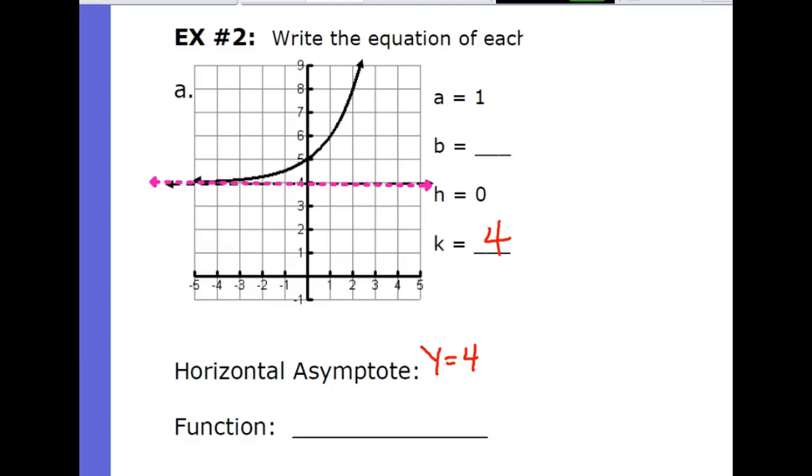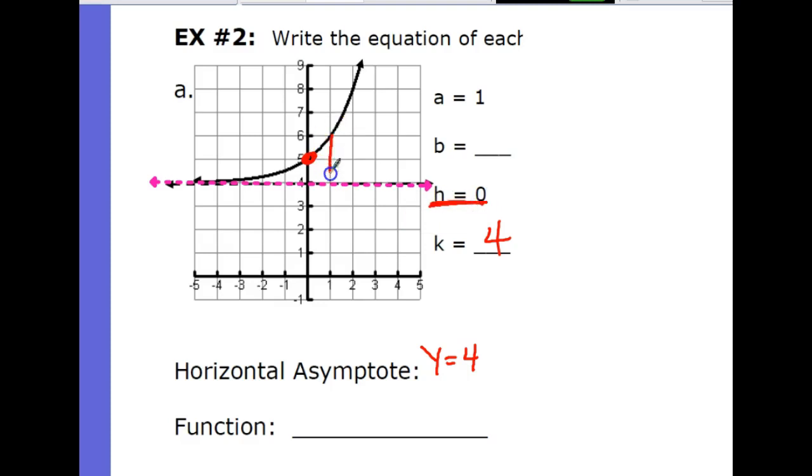Where's the key point? The key point is 1 unit above the asymptote. The key point is on the y-axis. The parent graph is on the y-axis, so it has not been moved left or right.